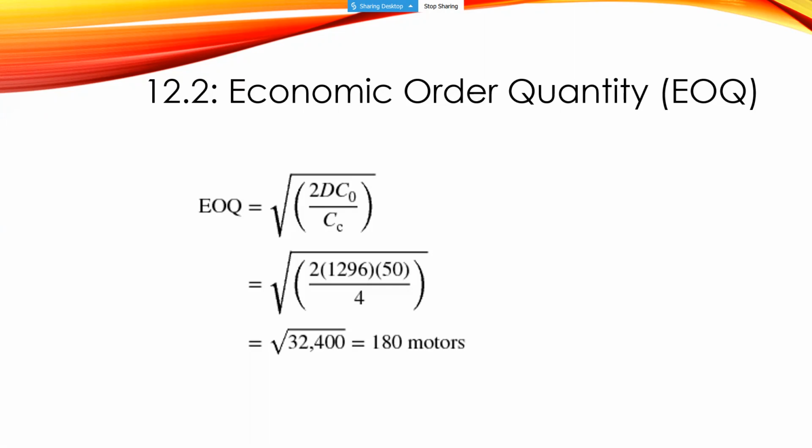So not quite every 2 months, every month and a half or so, ordering 180 motors each time. And hopefully that amount can be obtained for a more decent price than if you ordered 30 motors each time. And then we'll talk about the EOQ for quantity discount in a second.